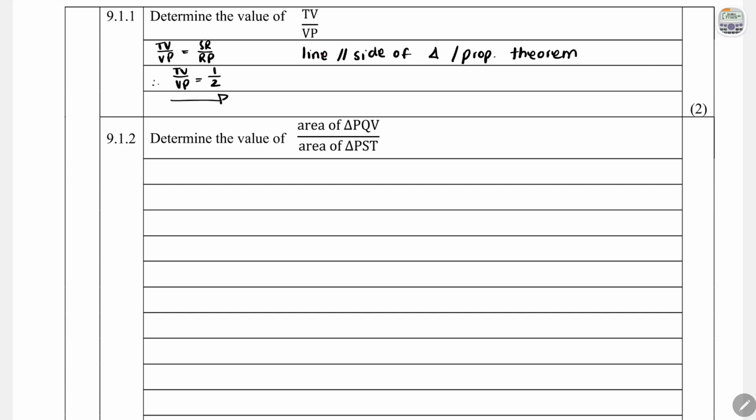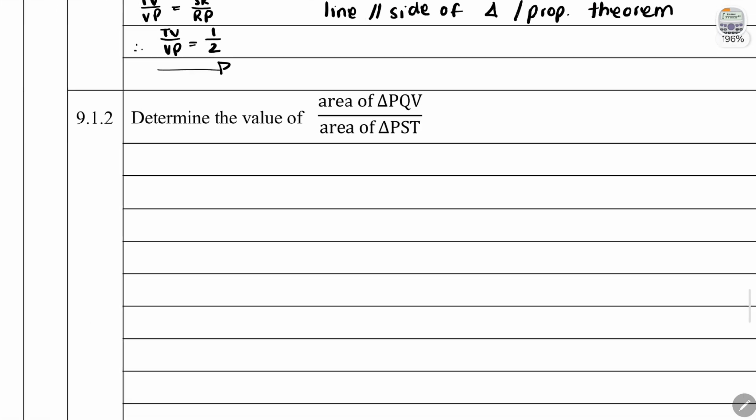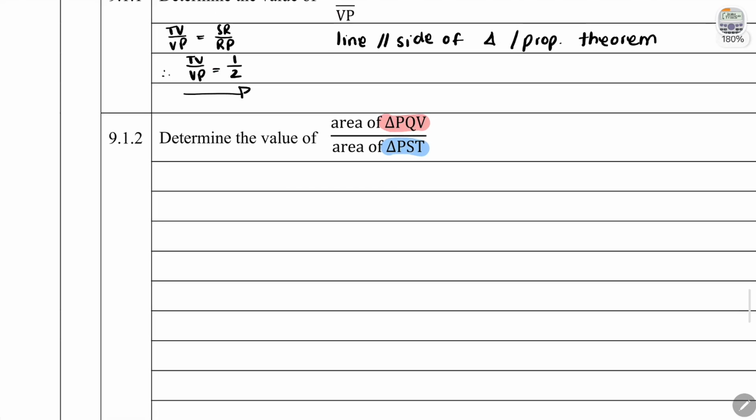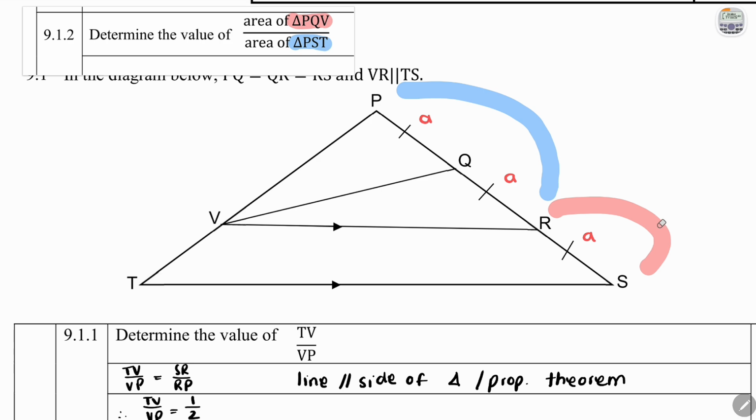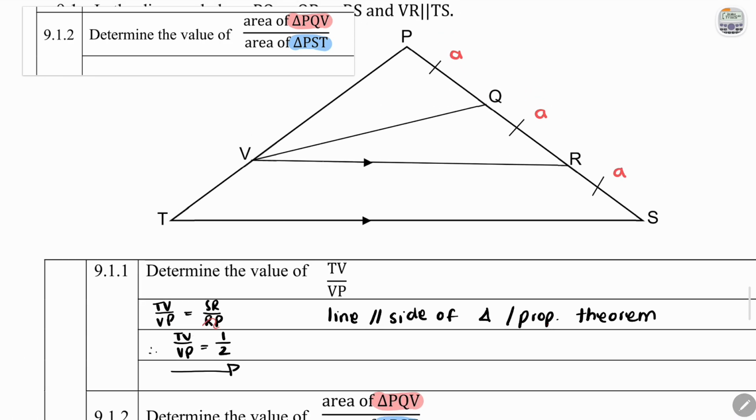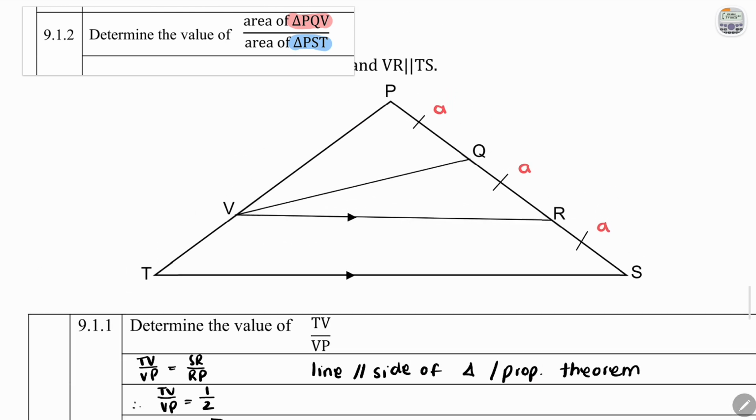Question 9.1.2 says, determine the value of the area of triangle PQV over triangle PST. Let's go ahead and highlight those triangles. Remember that we were able to show that TV over VP was equal to 1 over 2.